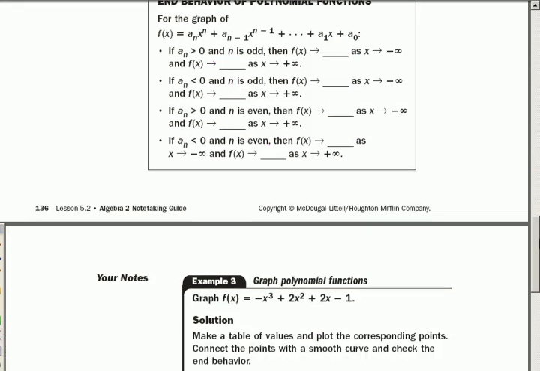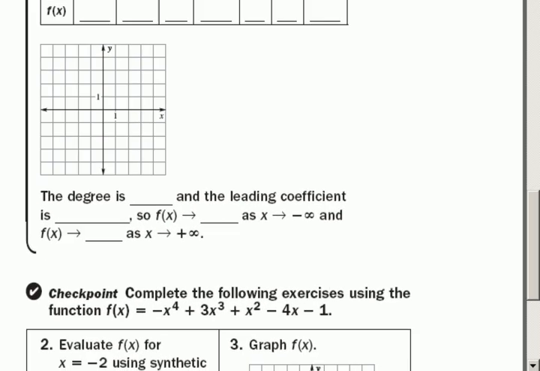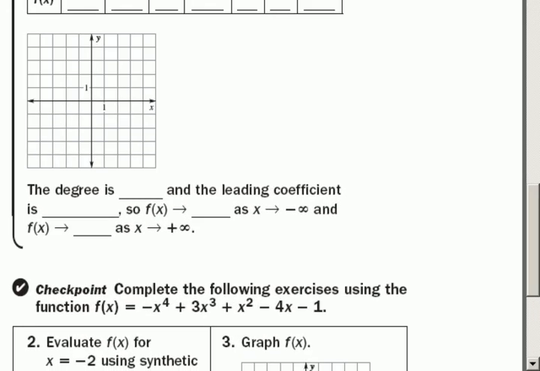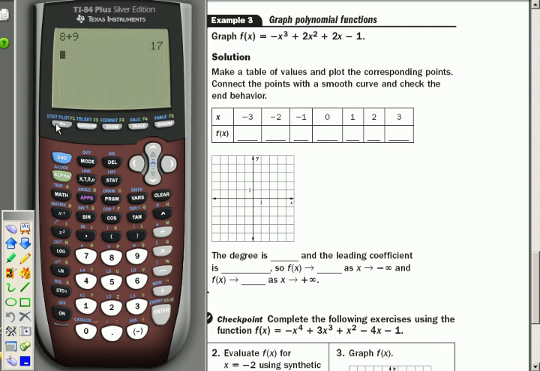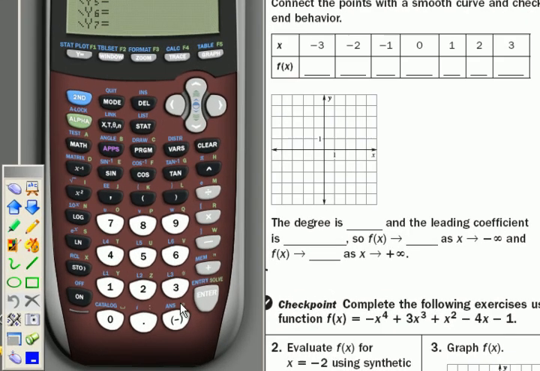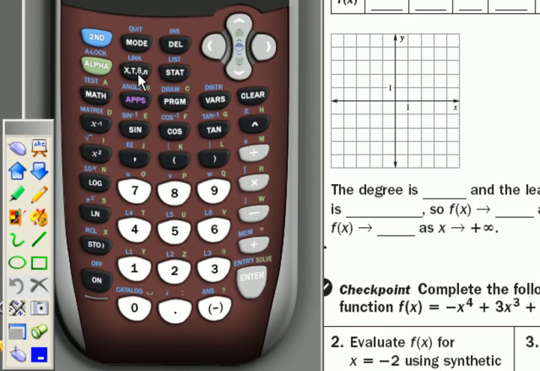Let's take a look at example 3 here, and we're going to graph example 3. When I look at graphing example 3, I hope at this point most of us are pulling out our graphing calculator. So I'm going to throw my graphing calculator up here. Turn it on, go to my y equals menu, and I'm going to put in negative x to the third plus 2x squared plus 2x minus 1.